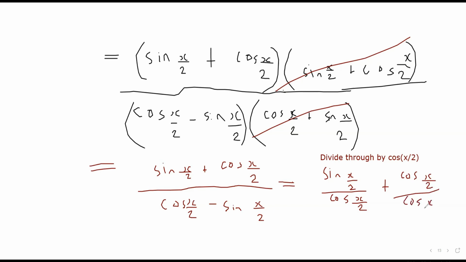You agree that that part is going to be 1, right? Over cos x over 2 over cos x over 2, 1 again. You agree that this is 1, right? And then minus sine x over 2 over cos x over 2. That is minus tan x over 2, right?